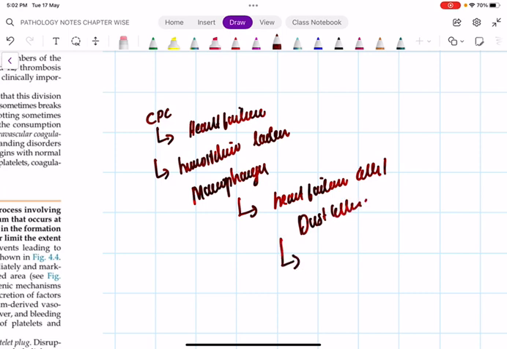Remember, these are found in the lungs. In an MCQ question they will ask, please open your eyes here, why are they called heart failure cells? Because this pulmonary congestion occurs because of heart failure. As a result, the alveolar macrophages will engulf hemosiderin and other particles, and finally get converted into heart failure cells, also called dust cells.